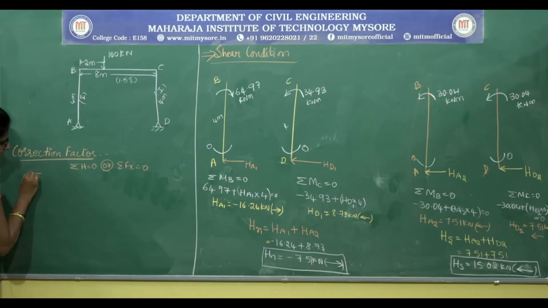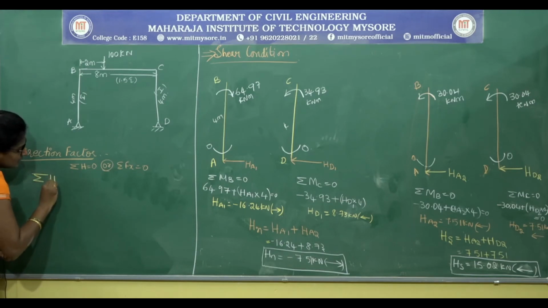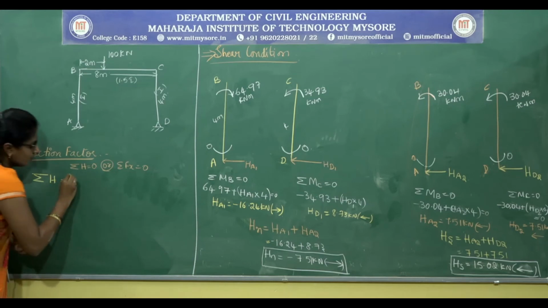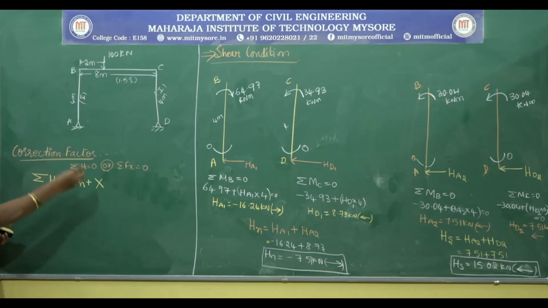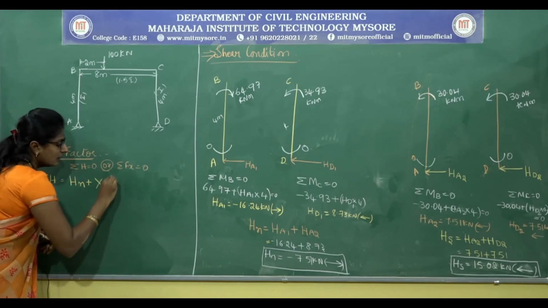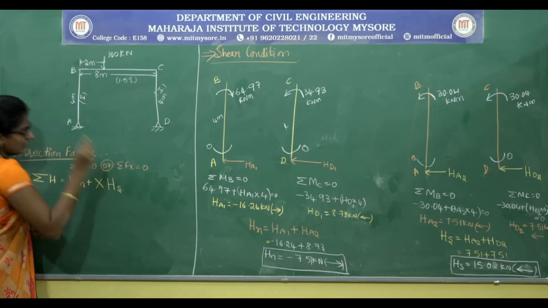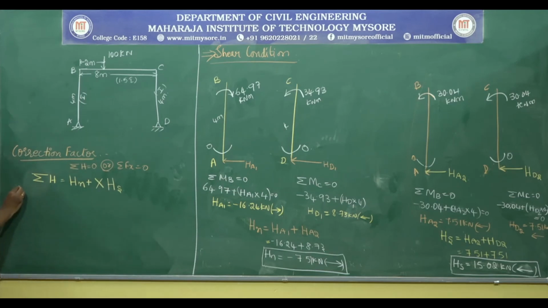So now I consider this correction factor in terms of, that is sigma H equal to Hn plus x, the correction factor which we calculate, multiplied by HS, that is sigma H equal to 0.